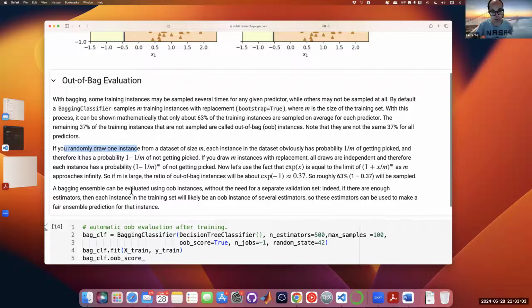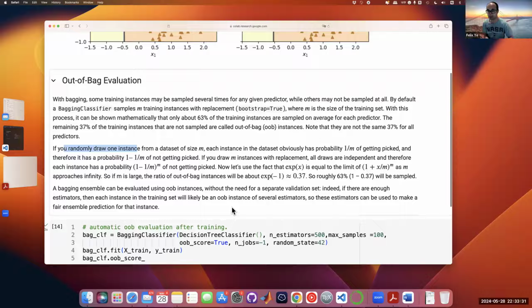So what you can do naturally is evaluate the bagging ensemble using these OOB instances. That means if we use bagging techniques, we don't actually need a separate validation set. If we have enough estimators, each instance of the training set is likely to be left out by several estimators.